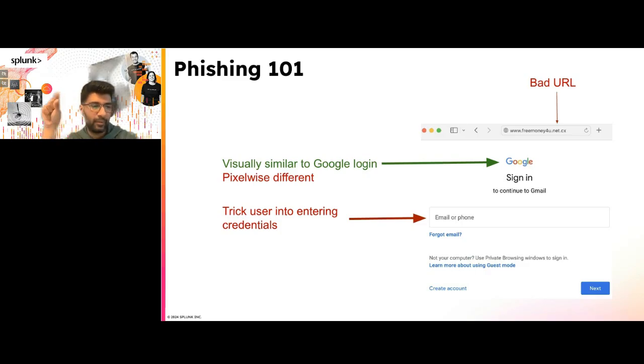What it means is most image matching algorithms will tell you that this is not a Google login page. However, to a user, it would appear as a Google login page. And on the top, the URL is coming from some random URL. Sometimes it looks legitimate, sometimes it is not. The idea of phishing is tricking users into entering their actual credentials so that they can later exploit them.